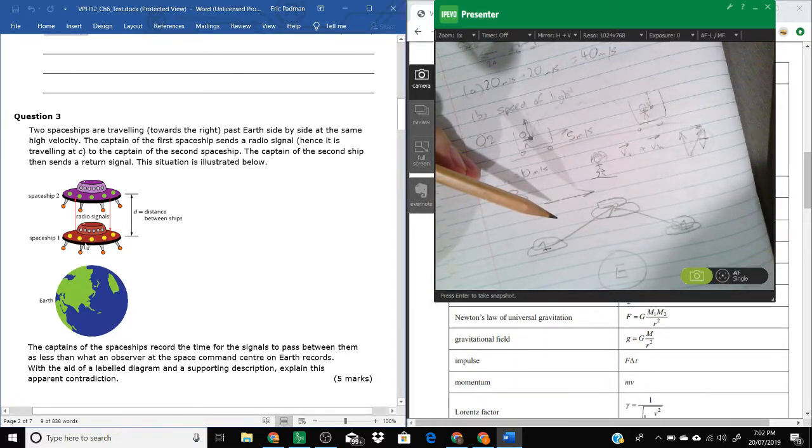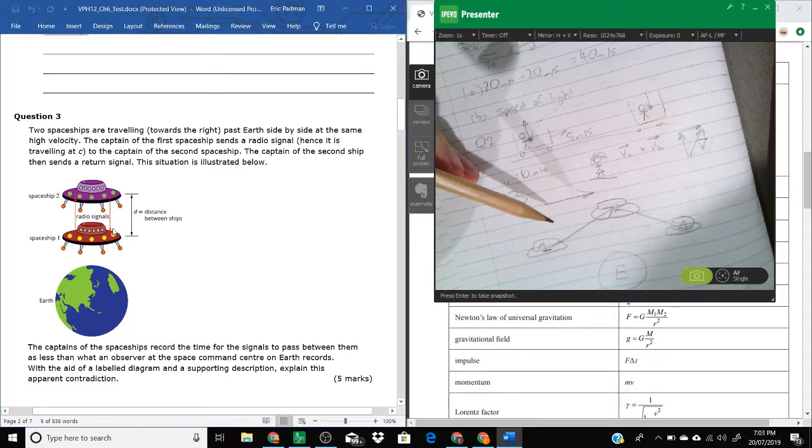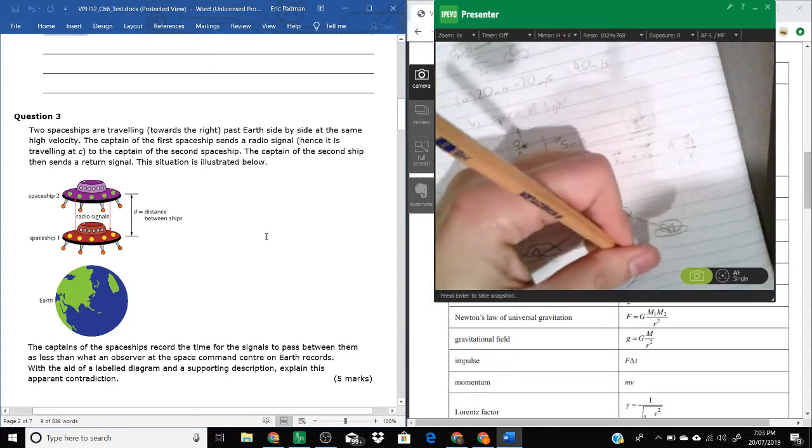They've both been traveling to the right, and they appear to be on top of each other from their reference frames, because they're both traveling at the same speed. But as you send a signal from 1 to 2, Spaceship 2 will be further to the right by the time that signal has arrived, and that's what the Earth observes.